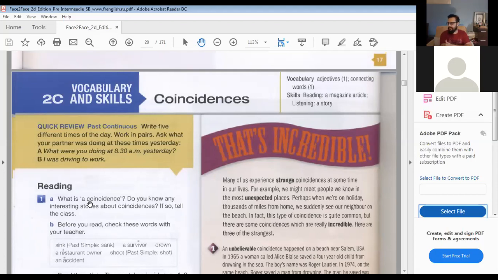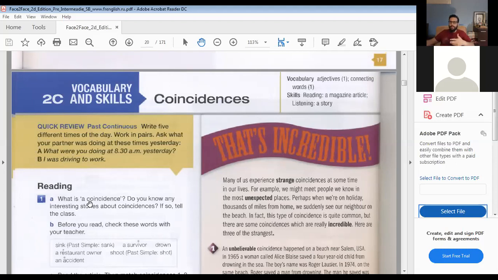No, I didn't hear about this word. Okay, so a coincidence, and I'll try to explain it, is when two strange events, two events happen at the same time. And these events are very strange. Like, for example, you travel to another country, and then next to you in the bus, you see your neighbor.